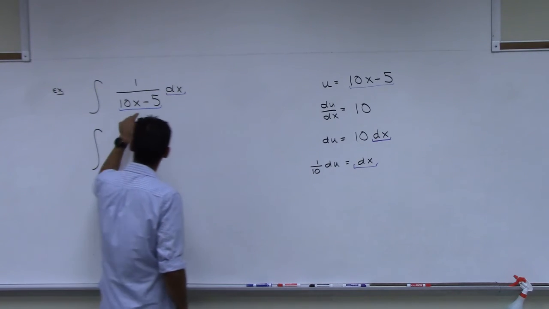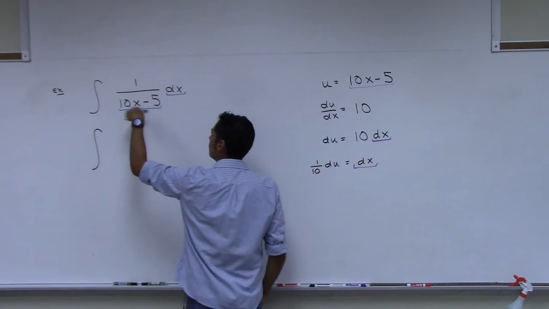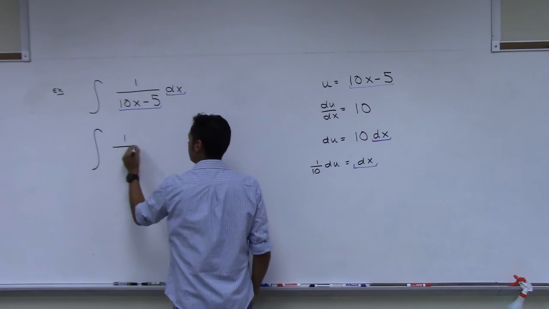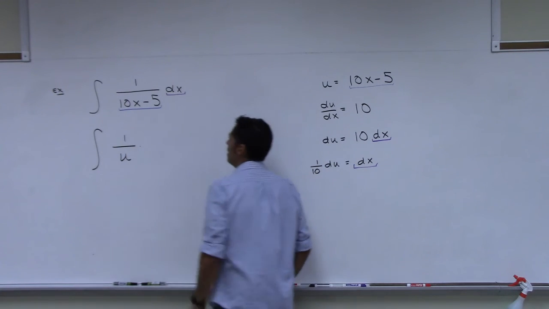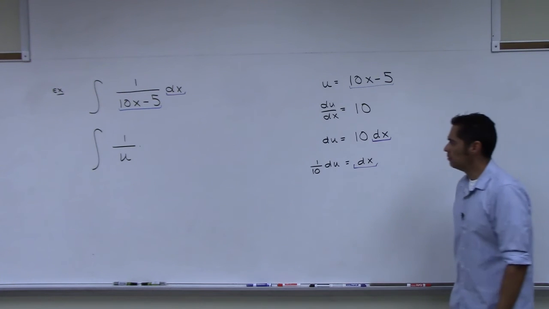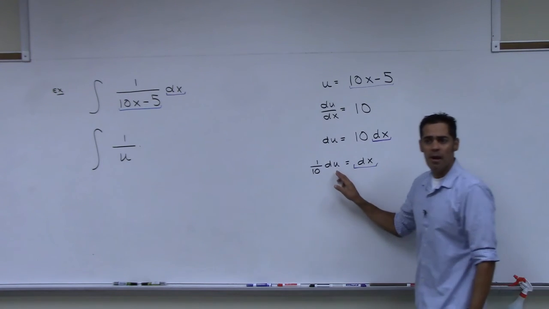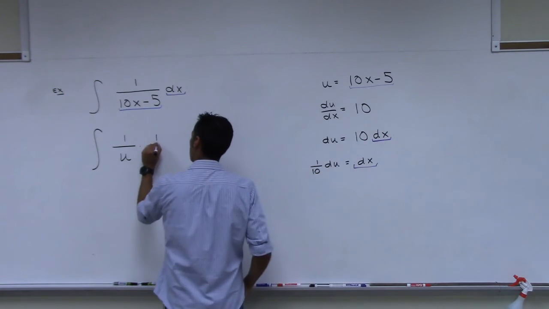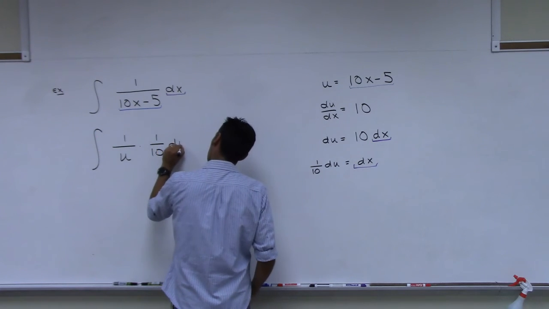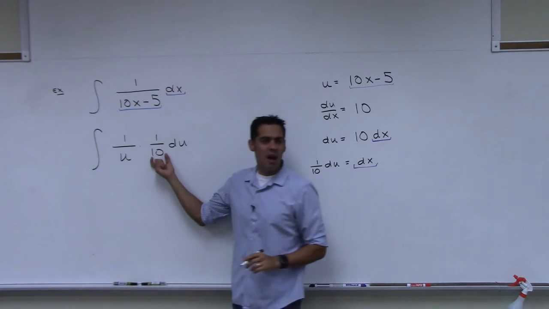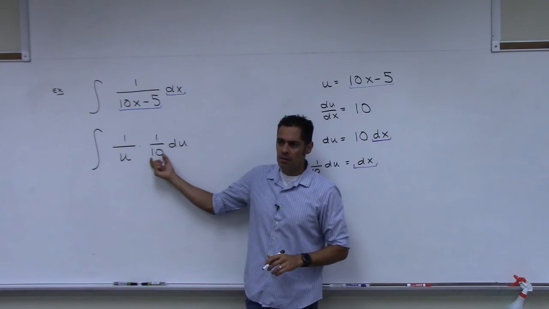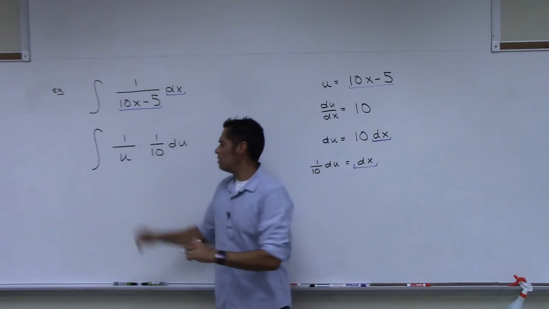Okay, so let's rewrite this. Integral, what's this going to turn into? 1 over u? And what does dx turn into? 1/10 du. Now, 1/10 is a constant, so don't let it freak you out. That can just go out in front.